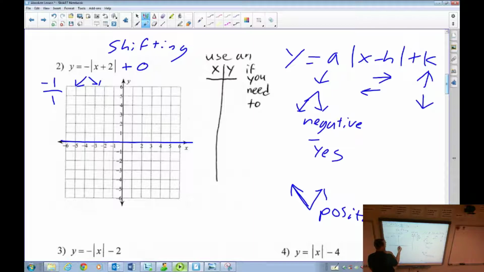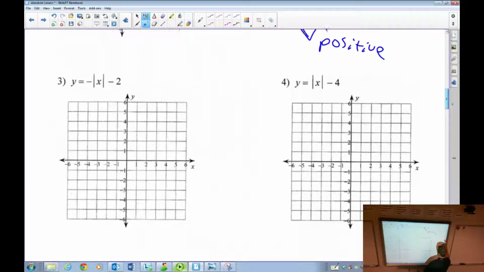So instead of going right 2, we're actually going to go left 2. Okay? And then with our slope there, that -1 slope, we're going to go down 1 over 1, down 1 over 1. So it'll go this direction with a mirror image of going this direction. So there's your answer for number 2. That wasn't too bad.